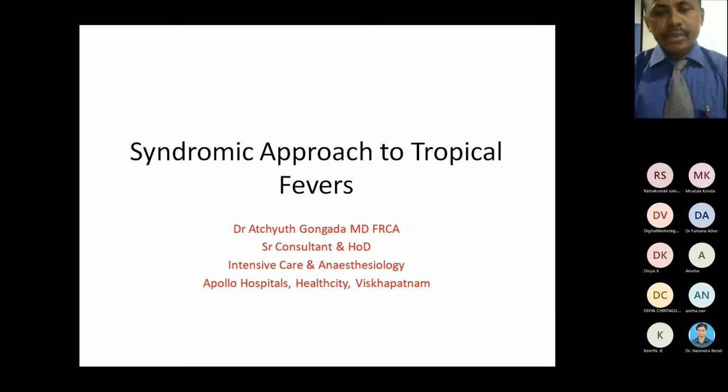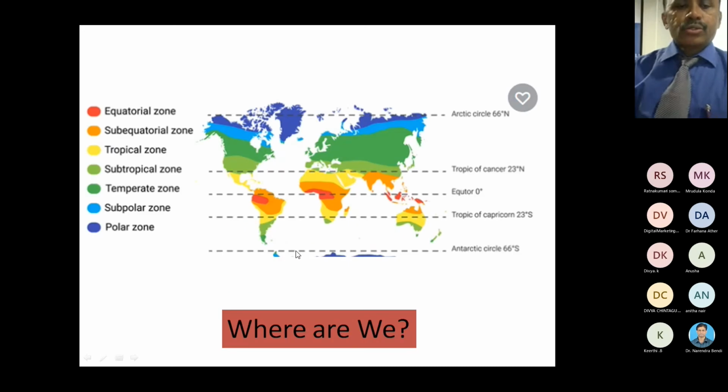So how are we going to deal with a patient with fever? So what are tropical fevers? Tropical fevers are fevers which are more common in the tropical region. You can see the world map here.